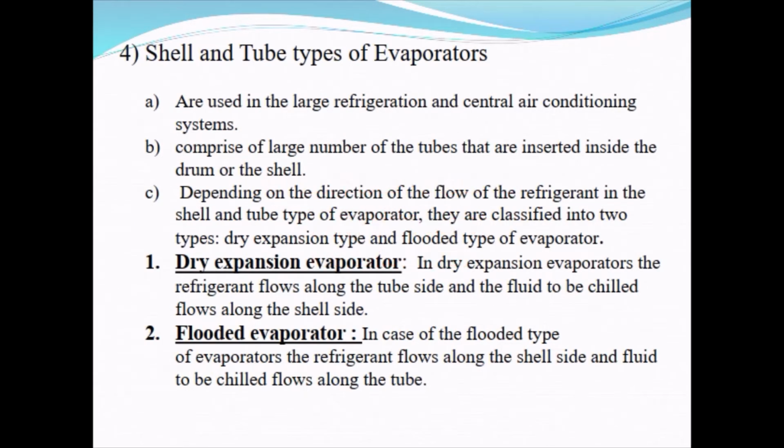And then the last one is the shell and tube type of evaporator, used in large refrigeration and central air conditioning systems, comprising a large number of tubes inserted inside a drum or shell. Depending on the direction of flow of the refrigerant, shell and tube evaporators are classified into two types: dry expansion type and flooded type.